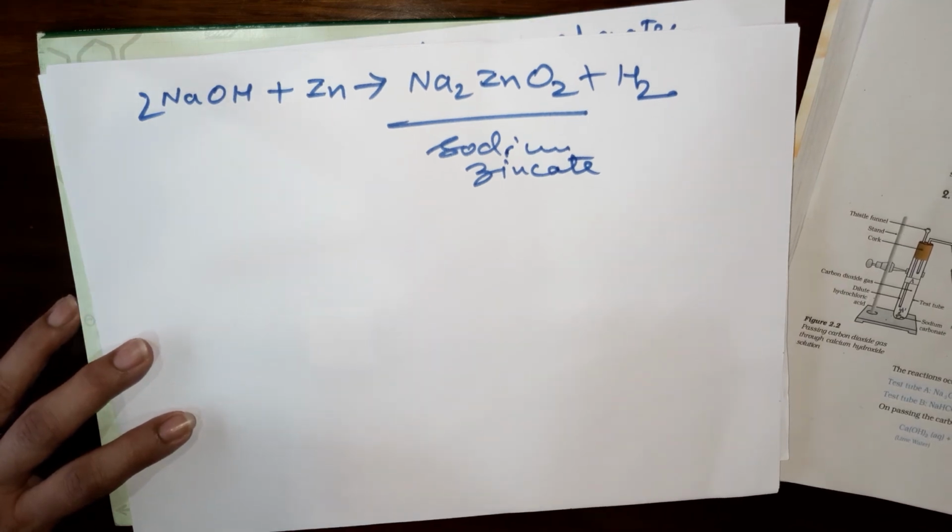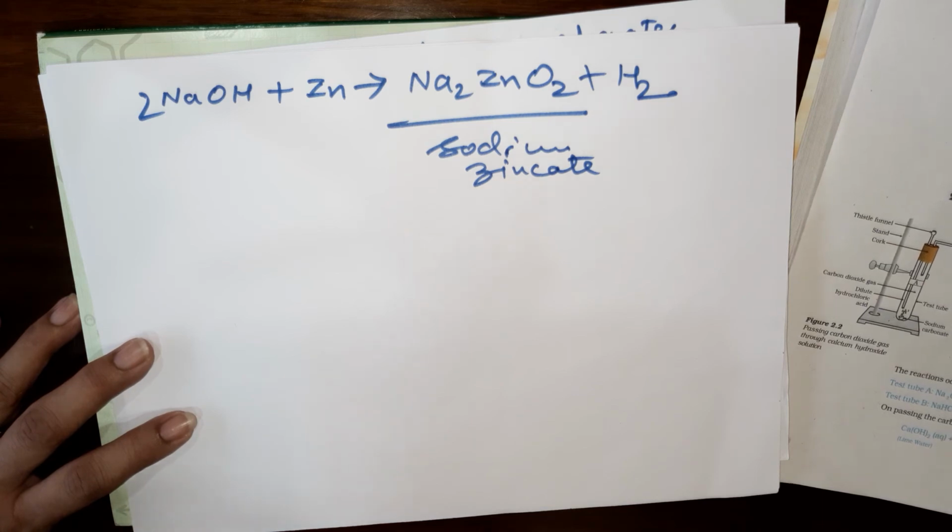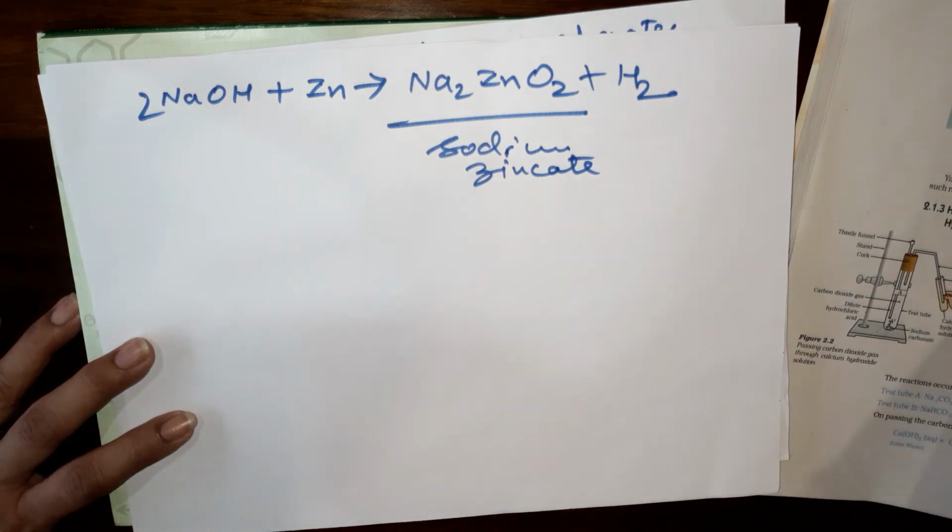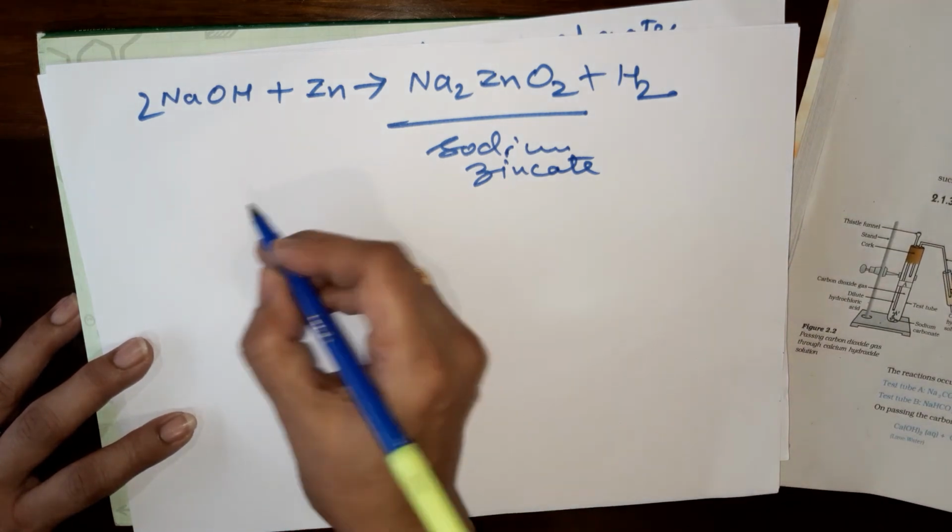With HCl I showed you sodium carbonate and sodium bicarbonate. Now calcium hydroxide. Calcium hydroxide, Ca(OH)2, is called lime water.